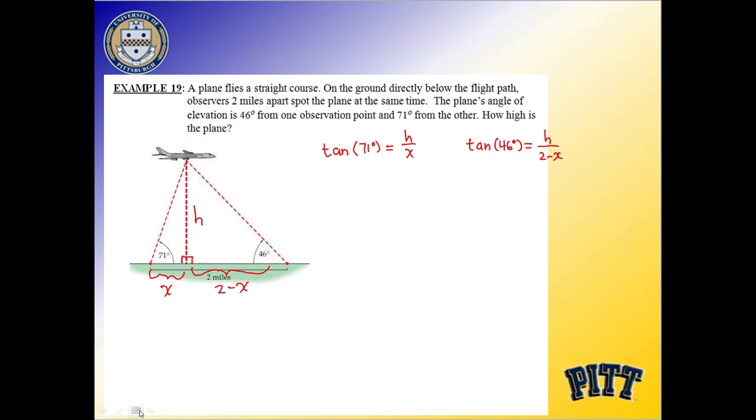And therefore, if I solve each one of those equations for h, h is going to equal x times the tangent of 71 degrees, and it's also going to equal 2 minus x times the tangent of 46 degrees. Now, one thing to keep in mind as I do this: tangent of 71 degrees is a number. I'm going to treat the whole quantity as a number.